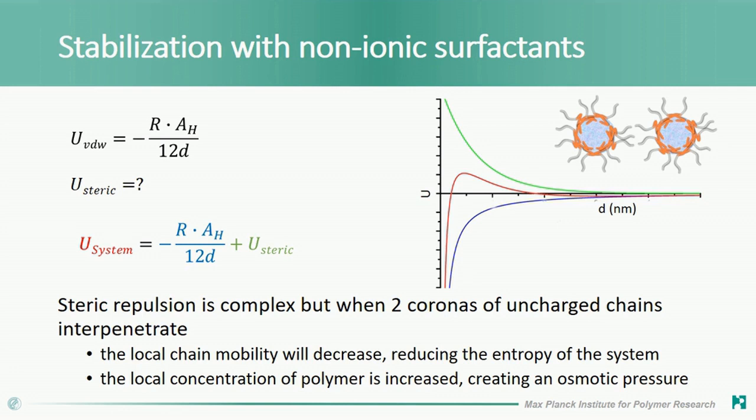When you use non-ionic surfactant, it's a little bit more complex. There's no good model to explain the steric repulsion, but it's basically the same. Those steric repulsions are due to the fact that if you have two coronas of polymer chains that try to interdigitate, it reduces the entropy in this region, which is not thermodynamically favored, so it will usually repel and not interpenetrate.